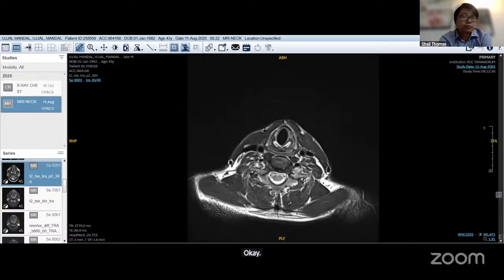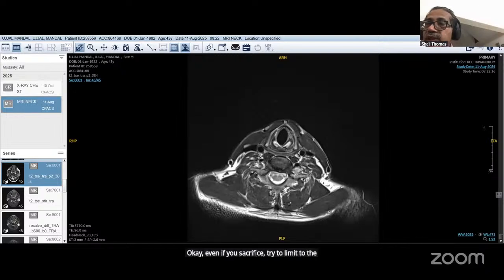Even if you sacrifice, try to limit it to the involved branch only. Selective sacrifice. Don't cut the trunk of the facial nerve.